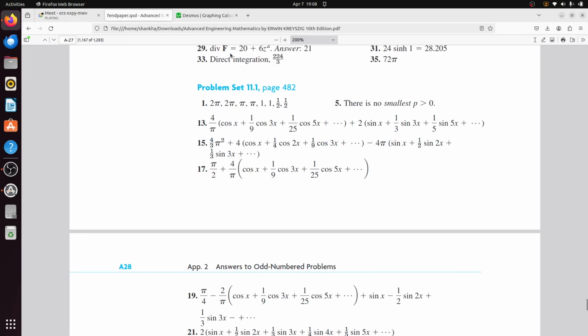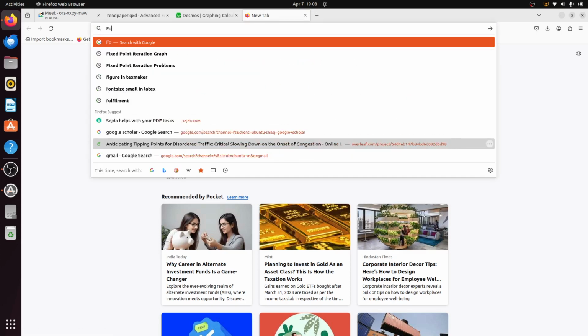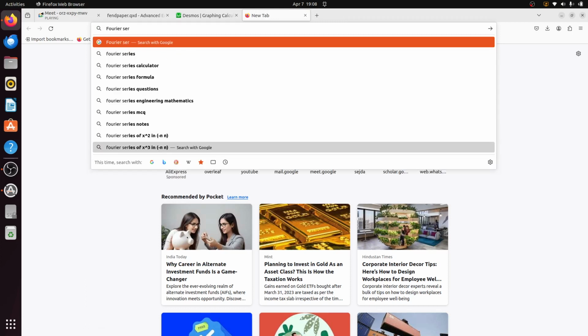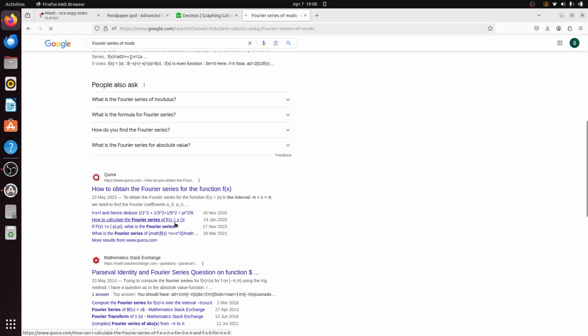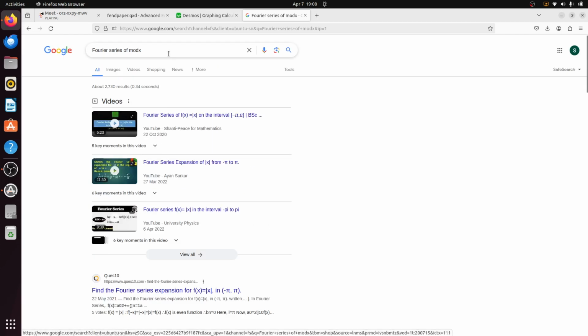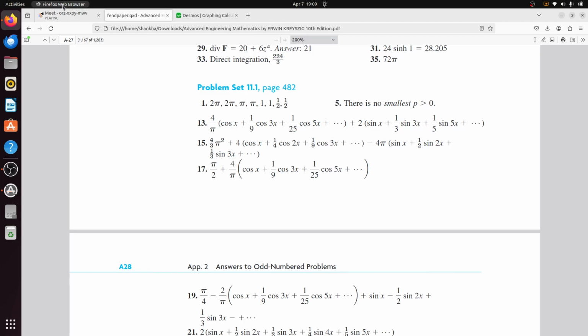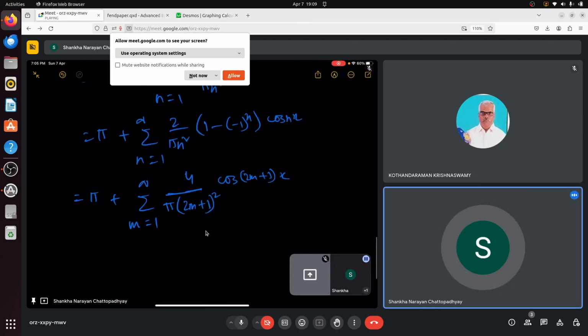Okay, the answer is not given, but still we can check the Fourier series of mod x. Okay, I think you can check it yourself. I have solved it, so you can check whether I made some mistake or not.